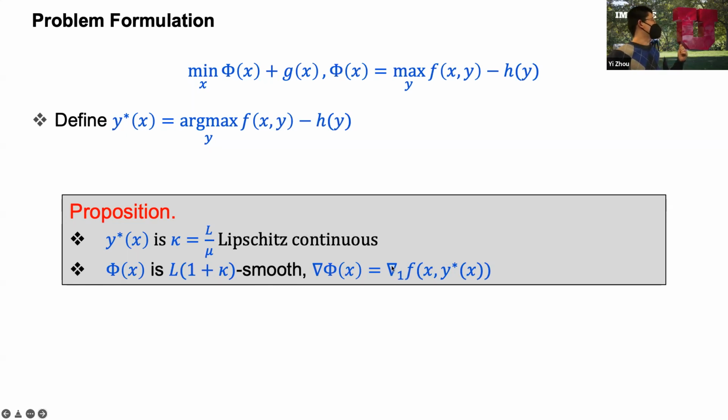It is the partial derivative with regard to the first variable, and then for the second variable, we insert the corresponding maximizer y star x. So we usually call this y star x the best response to the variable x, because it is defined as the best response in this way. It is the maximizer of this problem.